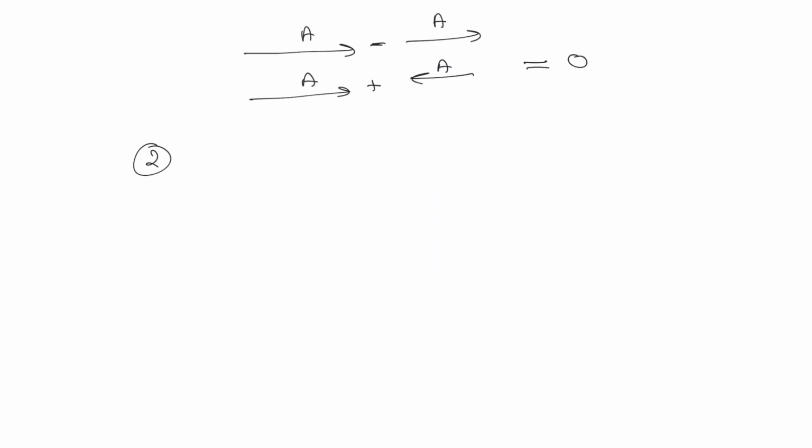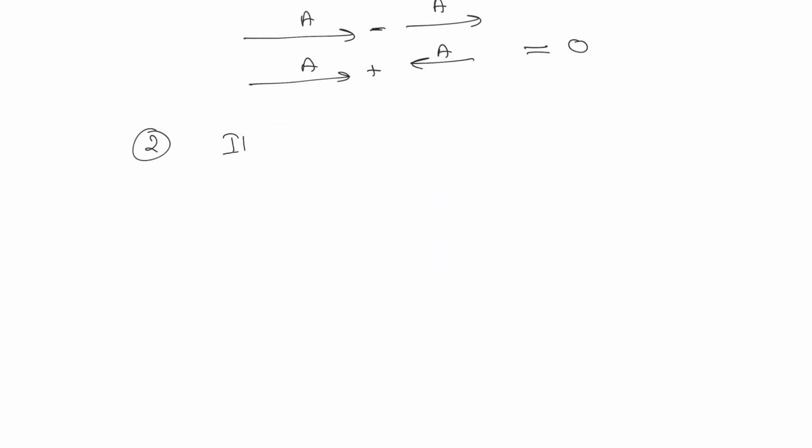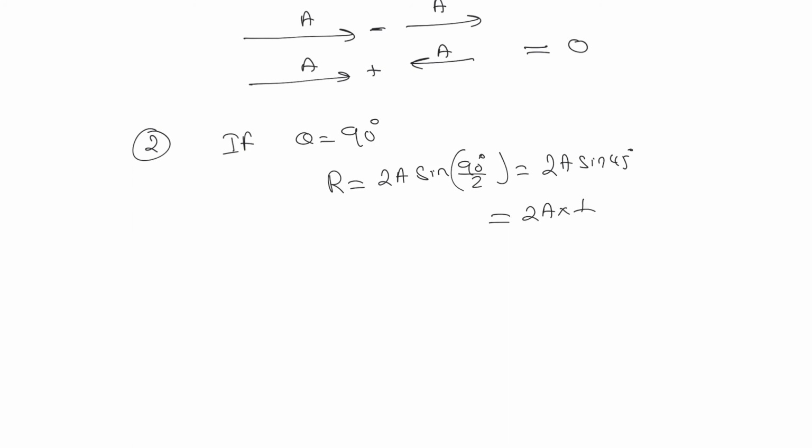Next condition: if theta is 90 degrees. From this equation, it becomes 2a sine 90 divided by 2. Sine 90 by 2 is sine 45, and sine 45 is 1 divided by root 2. So this equals root 2 into a. What is the physical meaning?